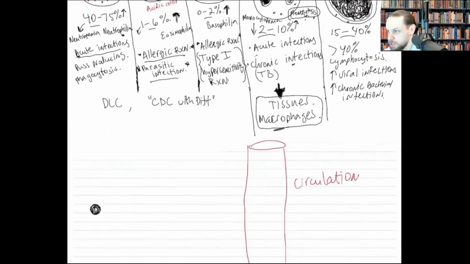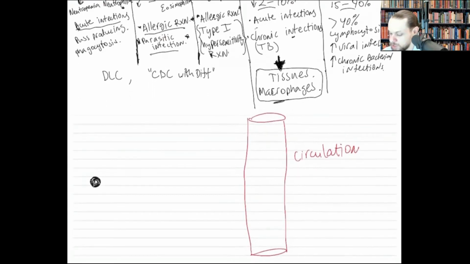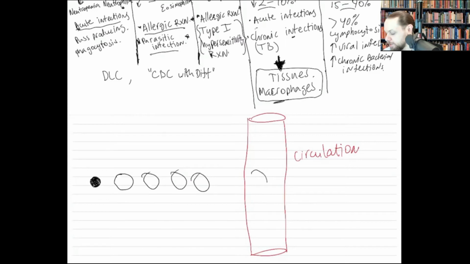From the stem cells in your bone marrow, as they're made, they go through stages of maturation. As they mature, they start to make more specific granules, so the cells can be differentiated. They go through these stages up until the final portion, when they're finally in the blood. Let's say this is your neutrophil.